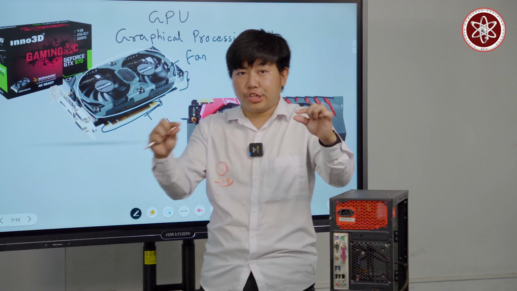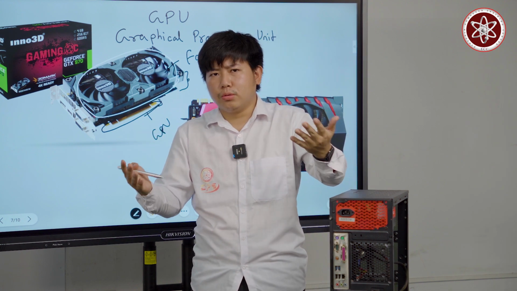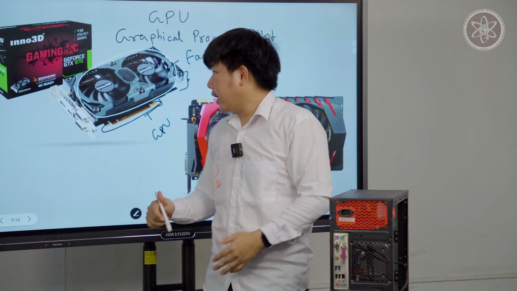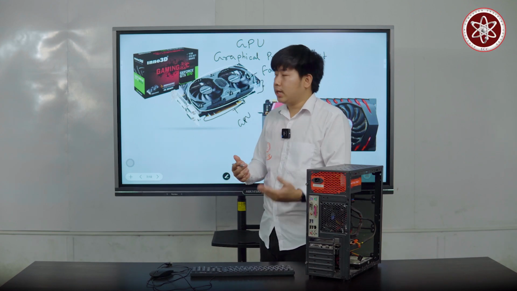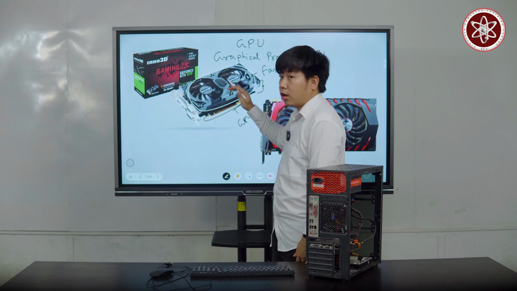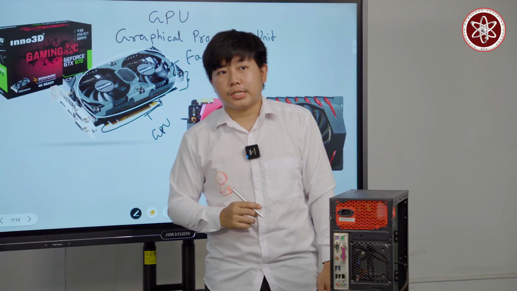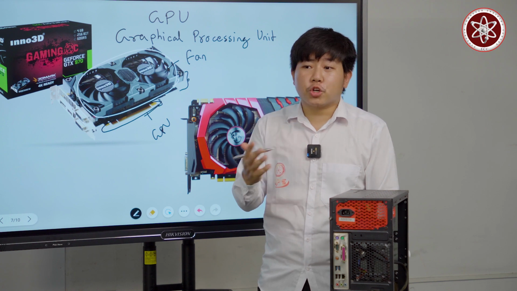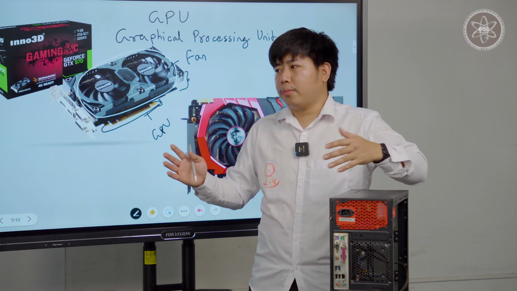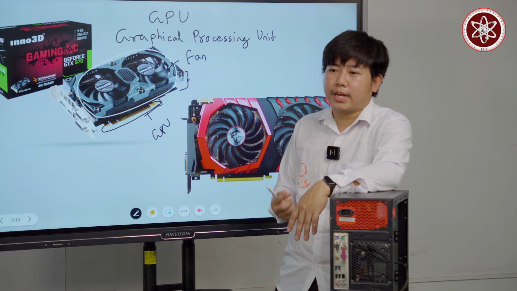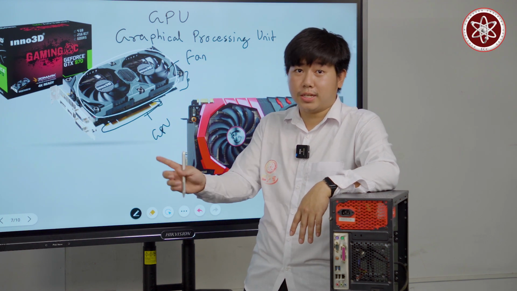The GPU is just a small sheet like a CPU, like a motherboard, and it becomes very hot when we're using it. So we need to install a very big fan on it, and we're using the GPU to process the picture quality, the display quality. Let's say your monitor can provide 4K video with a 144 Hz display.